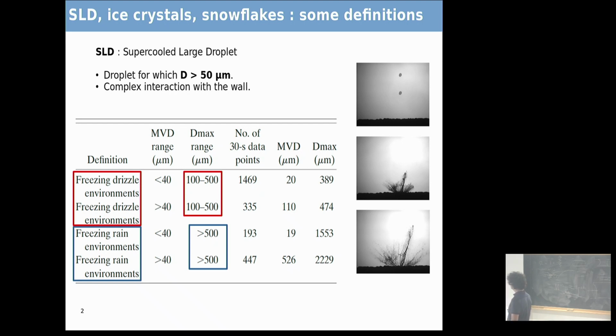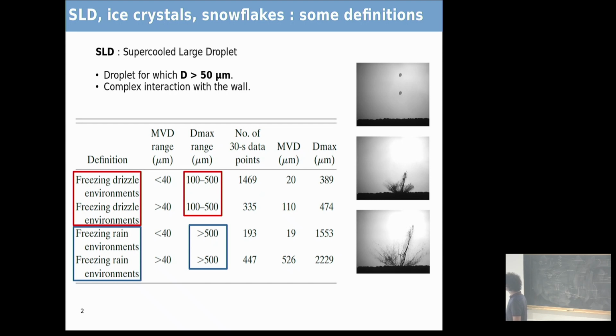In classical icing, we assume in the code that the droplet fully sticks to the wall, and now with SLD, large droplets, large velocity, there may be complex interactions such as re-emission and partial deposit. And in the range of SLD, there are two subcategories, I would say.